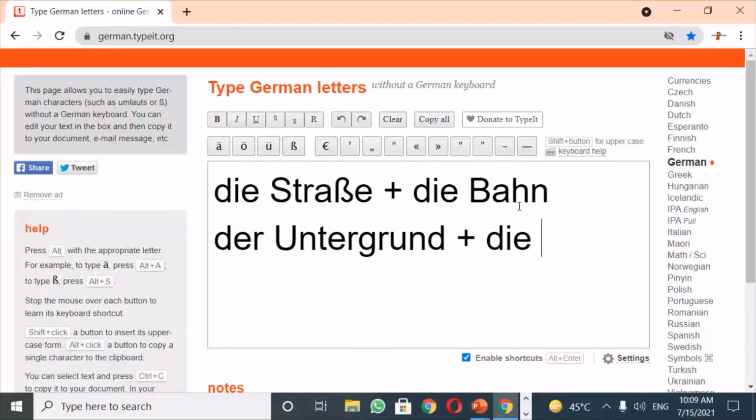Der Untergrund, which is the underground, and die Bahn, which is the train or the railway. So it becomes die Untergrundbahn.